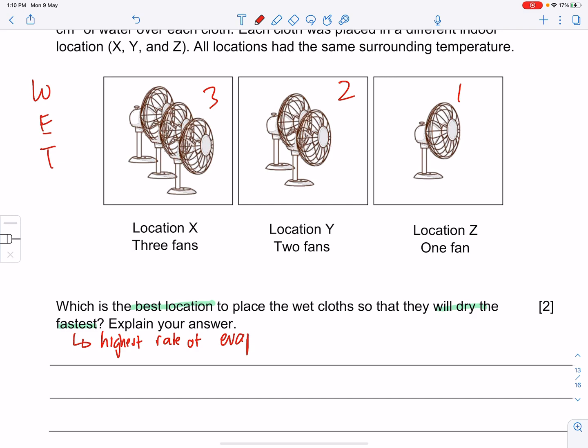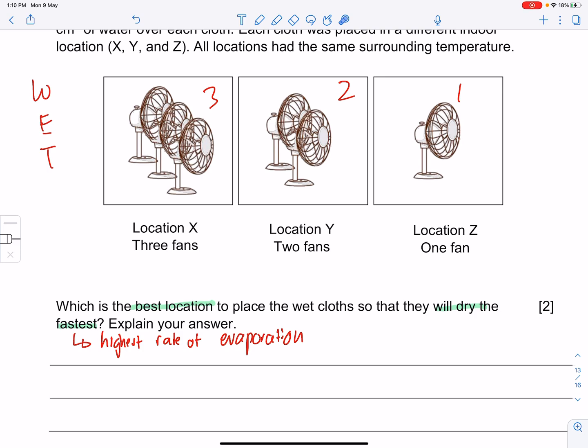Since you already know that increasing wind speed will increase the rate of evaporation, the one with the highest wind speed will be the best location, which translates to the place with the most number of fans.